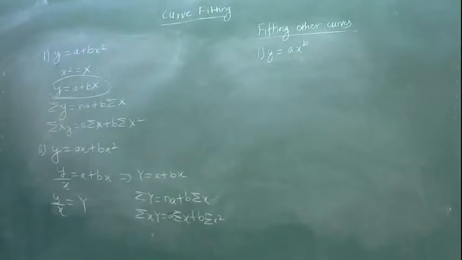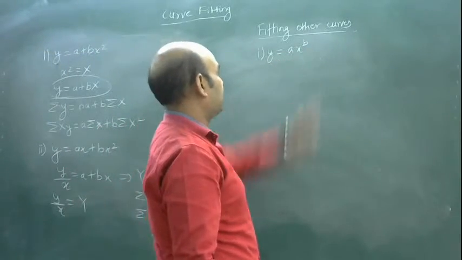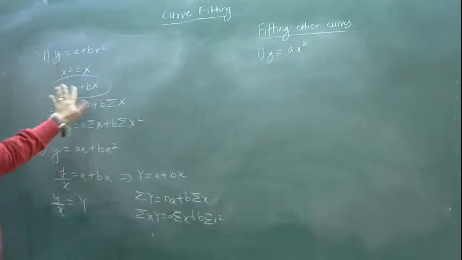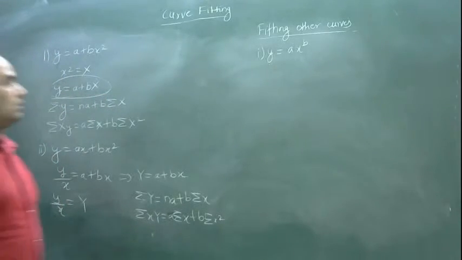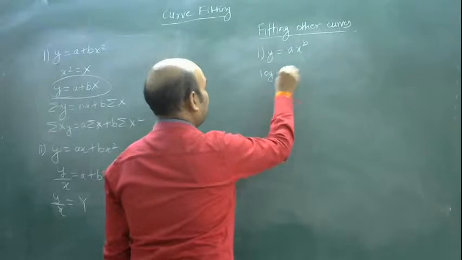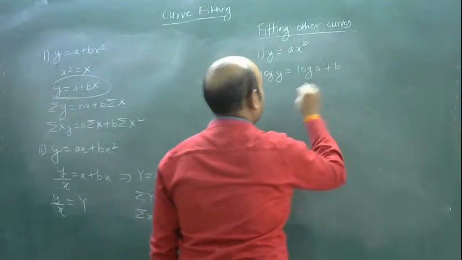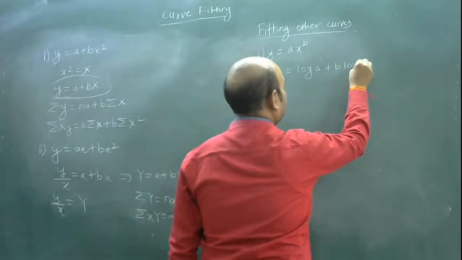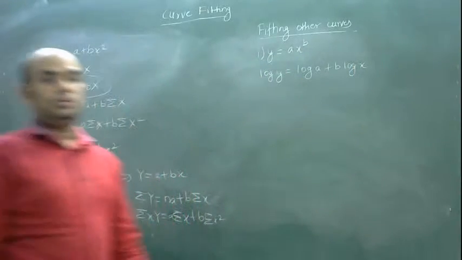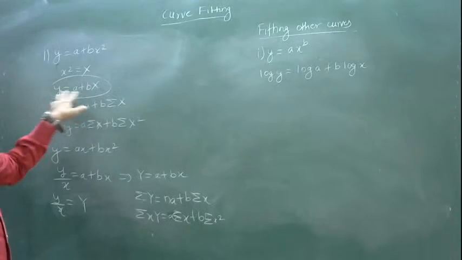Some equation is given like this, and we have to write it in linear form. So we can take log on both sides. Taking log on both sides, this will give log y is equal to log a plus b times log x. So this is converted into this form.